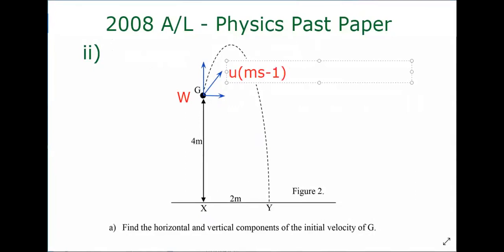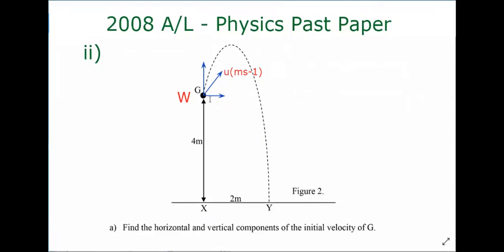U meter per second is the initial velocity of the boy when he leaves the platform. That velocity can be divided into 2 sections as ux and uy. So the horizontal velocity component is ux. The vertical velocity component is uy. I am not going to write the units.